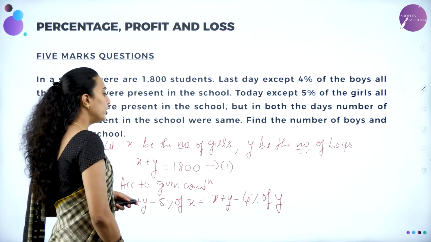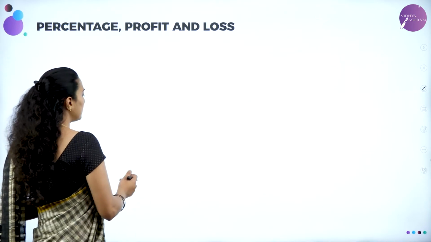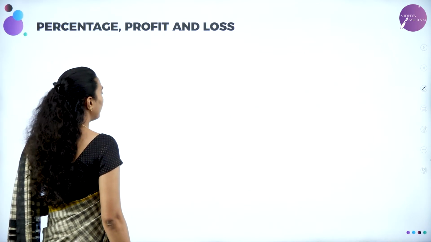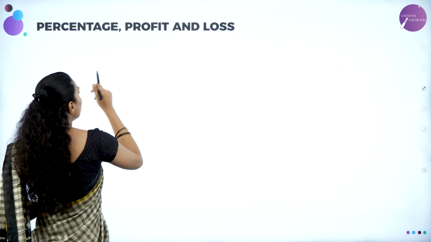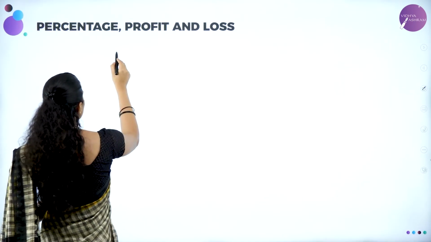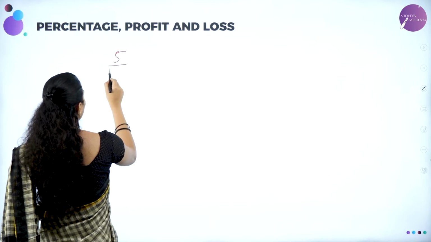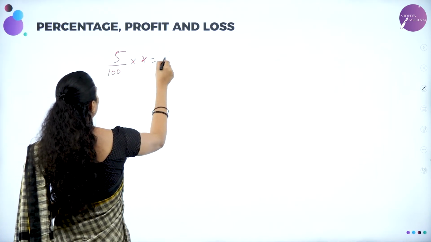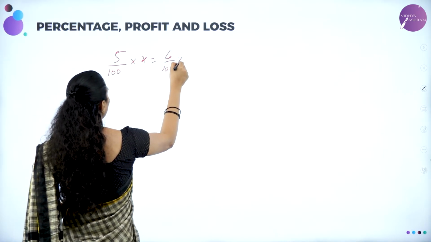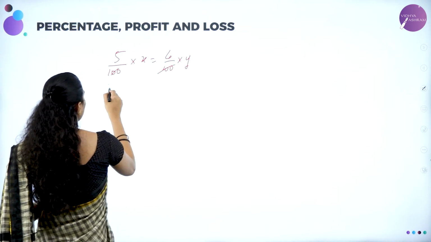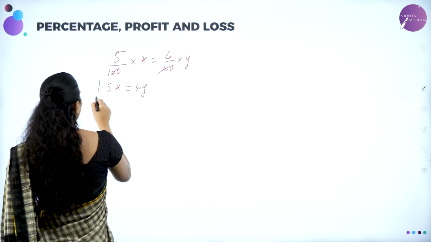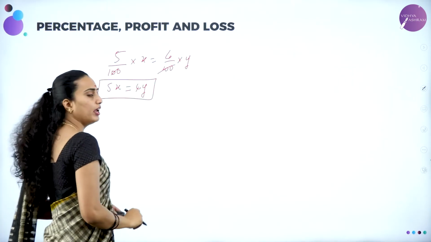So therefore x plus y will get cancelled, either side you are having the sign, and minus minus will get cancelled. 5% of x means 5 by 100 into x is equal to 4 by 100 into y. So 100 will get cancelled. 5x will be equal to 4y, or 4y is equal to 5x.